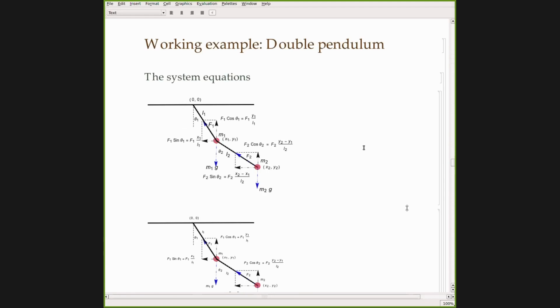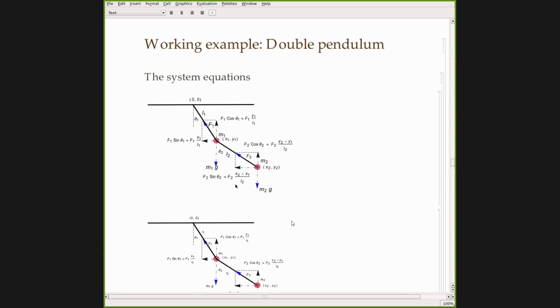Okay, so as you remember, we have an example with a double pendulum, which is constructed of two massless rods, at the end of which we have two masses, and everything is under the action of gravitational forces.